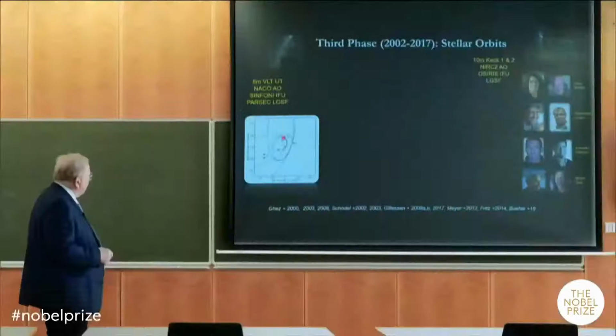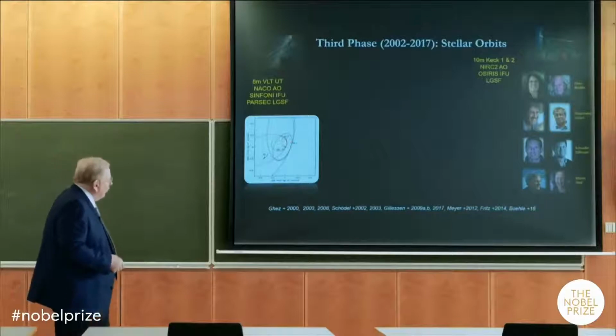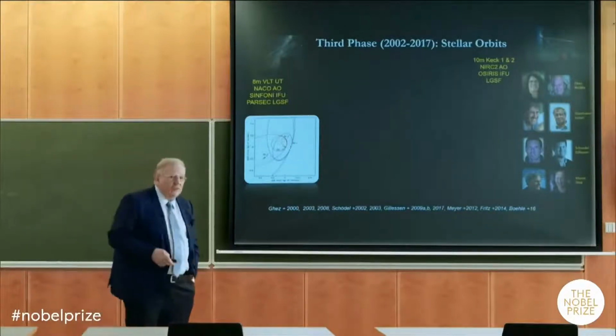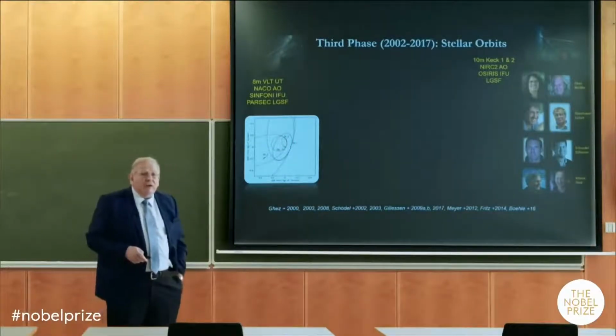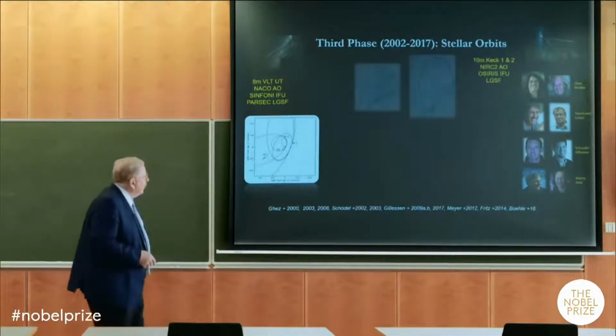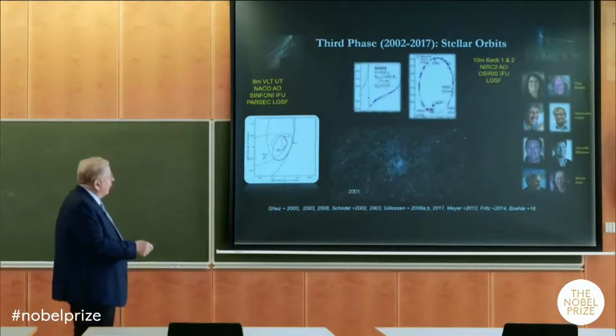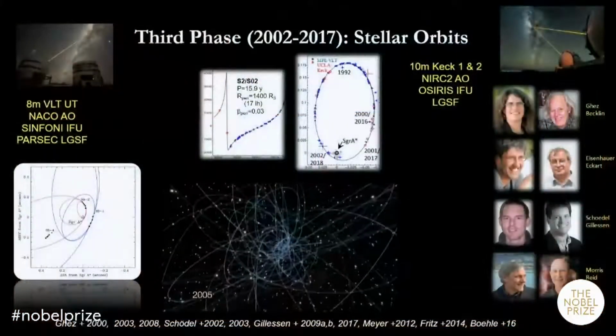In particular, this one here had one of the possible solutions. You see there are 3 possible solutions, which was an orbit of only about 20 years or so. And indeed, 2 years later, both groups saw that this star, whose orbit you now see, highly elliptical orbit, approached the galactic center to about 17 light hours.